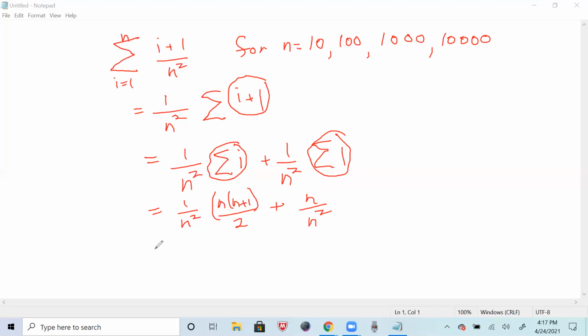Okay, and this becomes 1 over n squared times n squared plus 3n, if you just do the algebra, all over 2. And now if you completely do the algebra, you end up with n plus 3 over 2n.